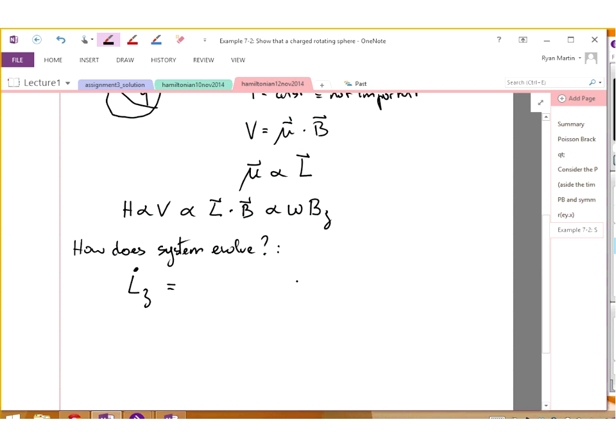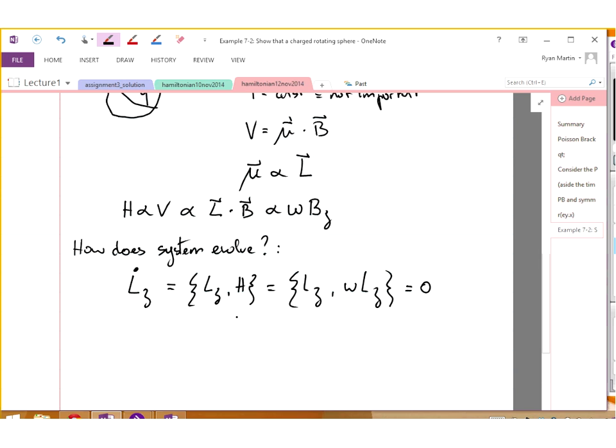So all I need to do is take the Poisson bracket of Lz with H. Now the only part that matters in H is omega times Lz. Omega is some constant, so I have the Poisson bracket of a quantity with itself, which is equal to 0. So it appears that Lz is constant. The z component of the angular momentum is constant for the system.